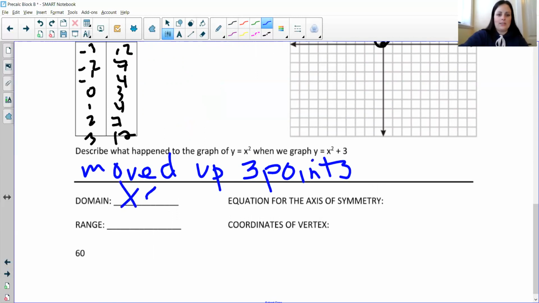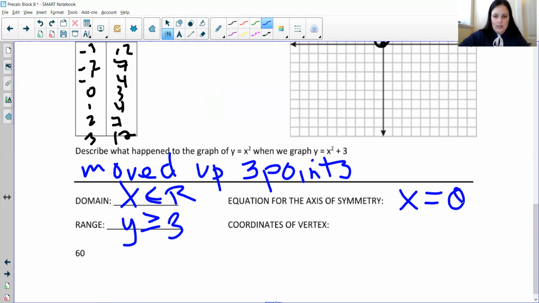The domain is always x is real numbers. The range for this one is that y has to be greater than or equal to 3. The equation for the axis of symmetry is still x equals 0, and the coordinates of the vertex have changed to x is 0, y is 3.